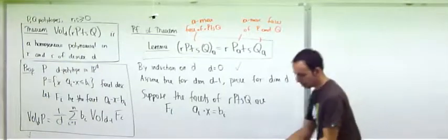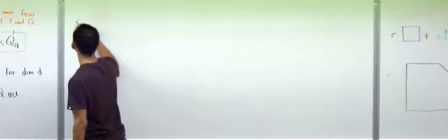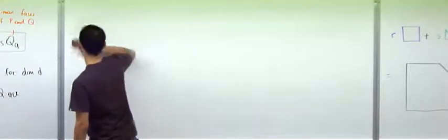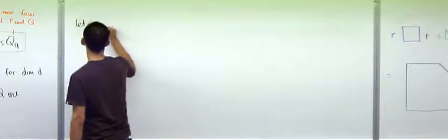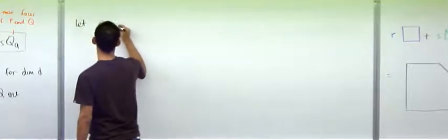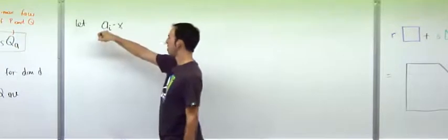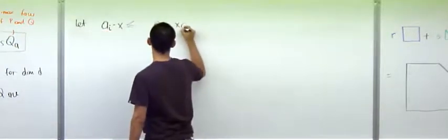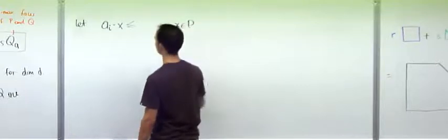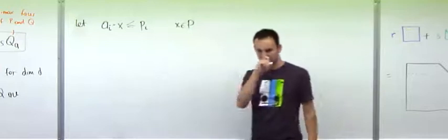And so now I'm going to say the following. Suppose that when you do a_i · x for x in the polytope P, the largest value that you get is p_i.